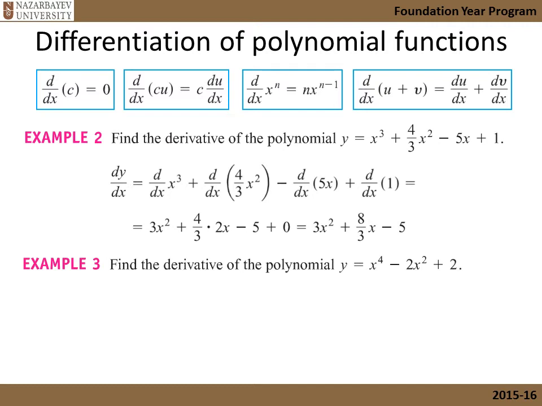Let's look at this example, and by this example I'd like to show that it is not necessary to use the notation dy by dx, so we can use the notation y prime, and actually we have this polynomial, we can put it inside of the brackets and write this prime to calculate our derivative.